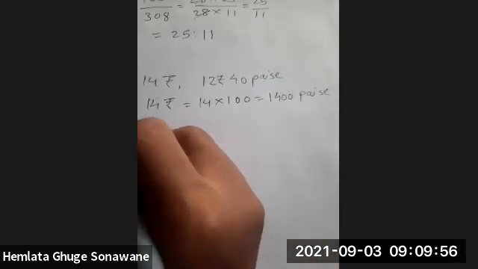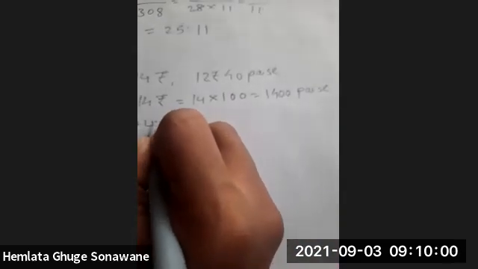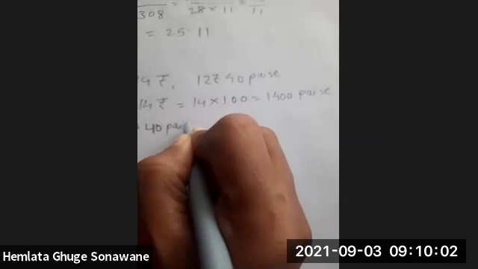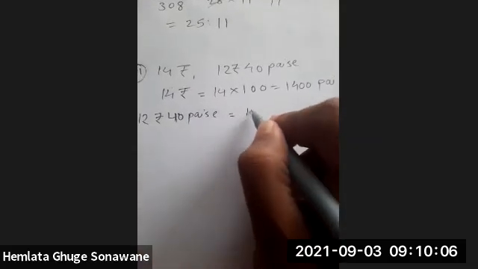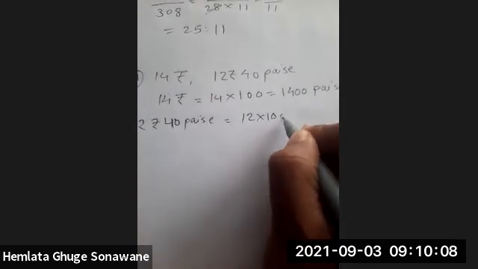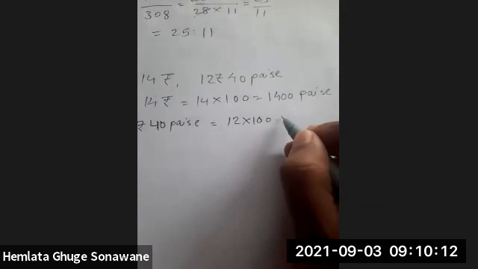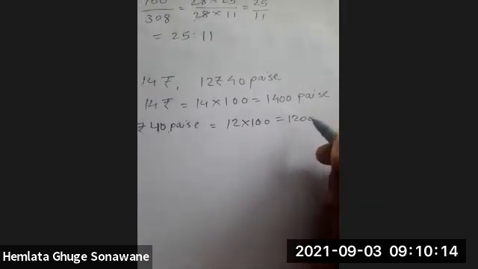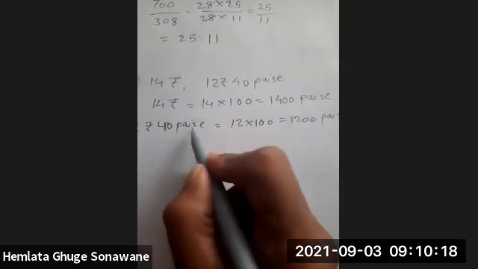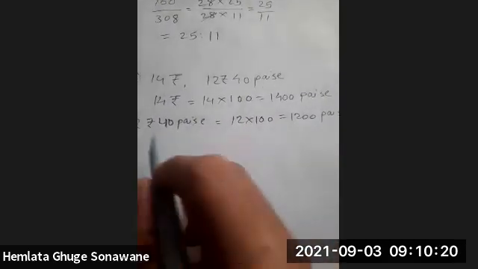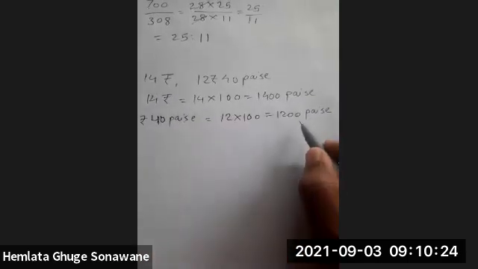The next quantity is 12 rupees and 40 paise. We'll first convert 12 rupees into paise. So 12 into 100 becomes 1200 paise, and we'll add 40 paise, so that we get 12 rupees 40 paise in paise.